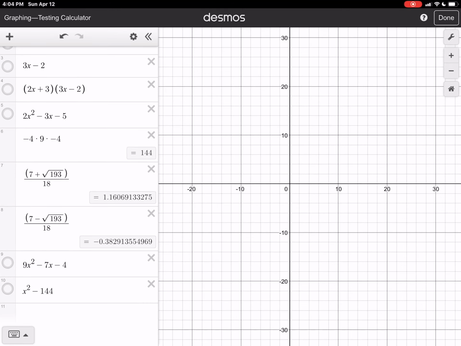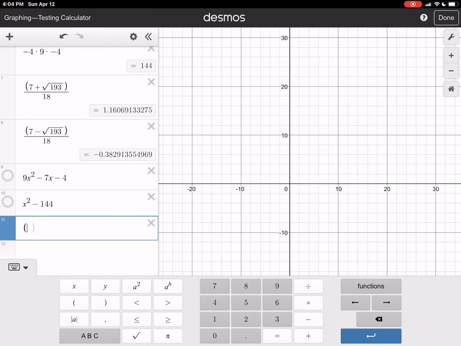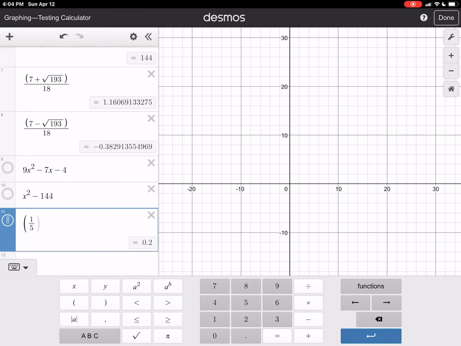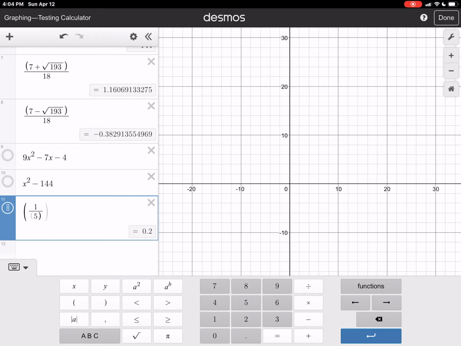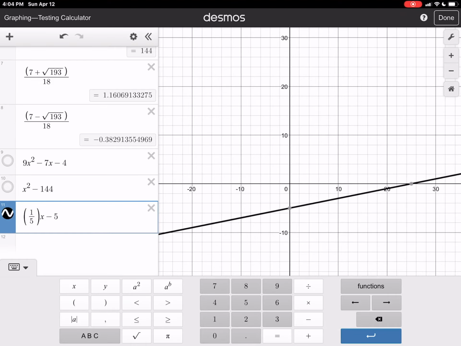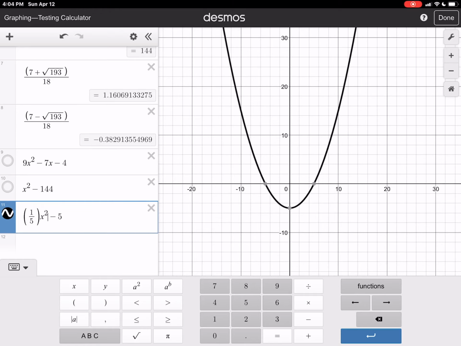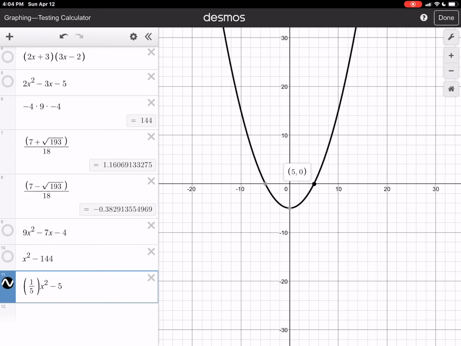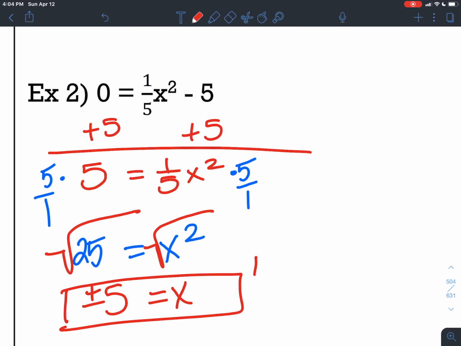Let's plug this in to make sure that we got the correct answer. 1 over 5 x squared minus 5. Okay, let's look at these. Positive 5, negative 5. Good job. We got the right answer. This one's correct.